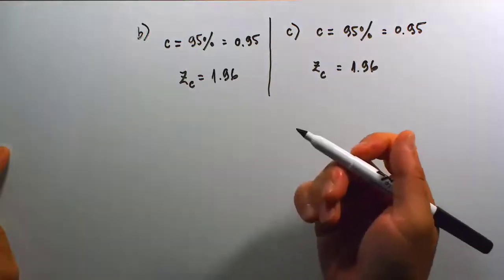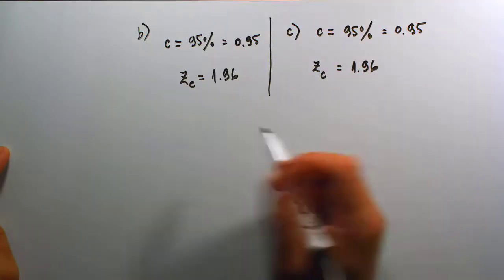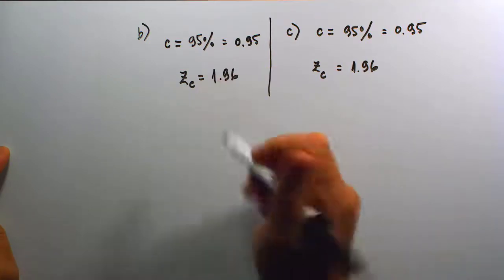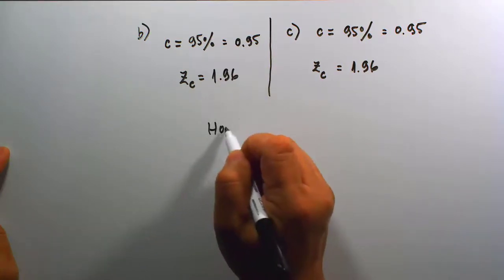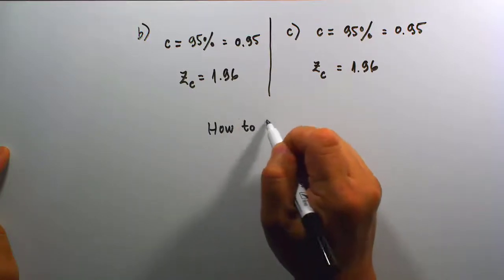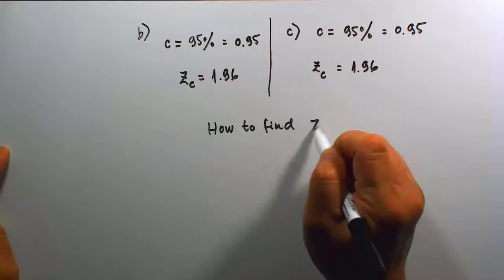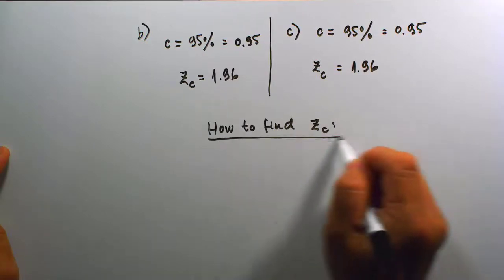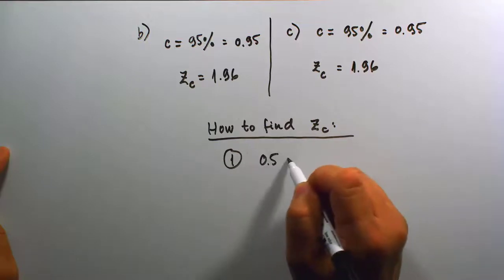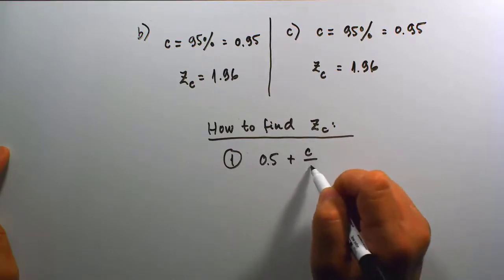And it's easy to understand this, because if we look back at the general steps of how to find the value of z sub c, the first big step is to run the calculation 0.5 plus c over 2.